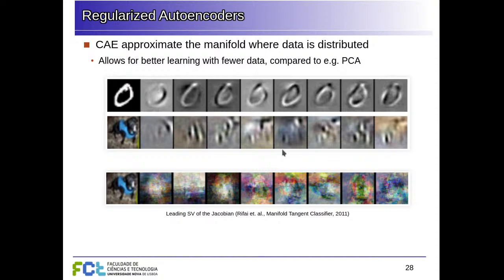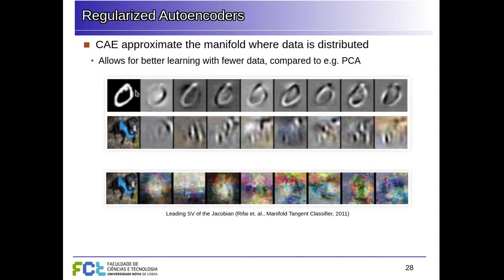So I'm not going to detail too much this representation, but the idea here is to find these principal components of the tangents to the hypersurface where the data is being projected when we compute the manifold. So you can imagine that we are projecting this kind of images, for example, the MNIST images, into this latent representation. And now we are looking at what are the directions in which we can change and still remain in the same manifold where the data is.